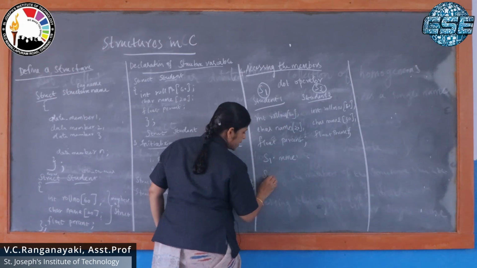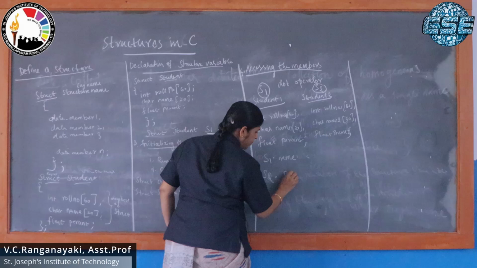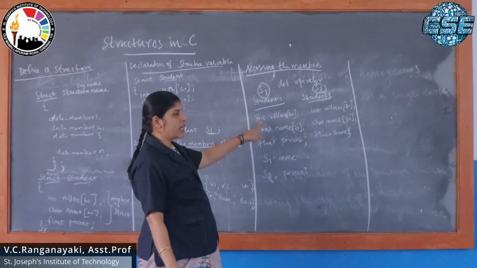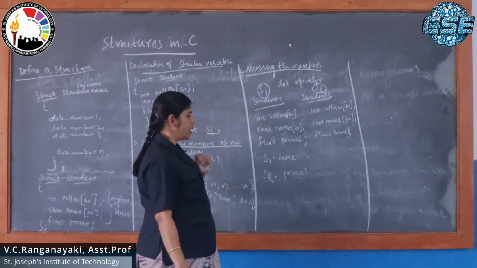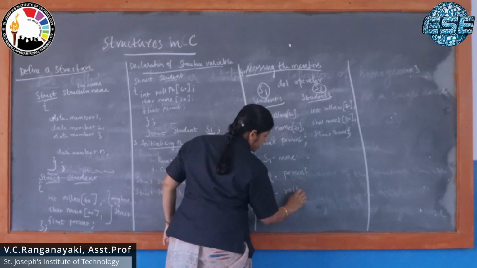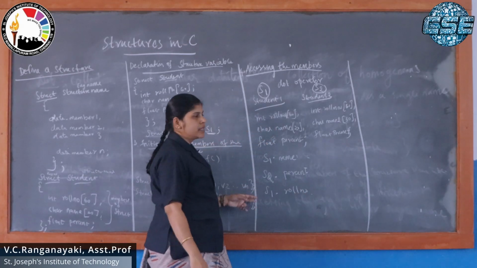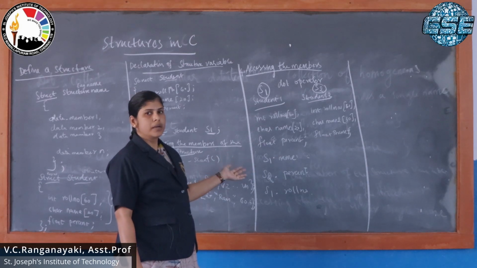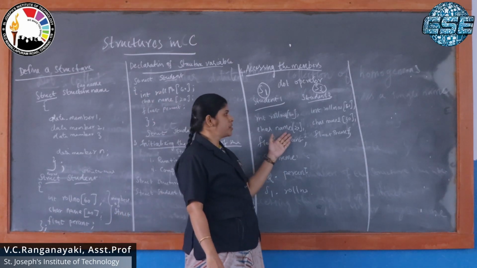So in that case I'll go for S2 dot percent. Now I want to know the roll number of student 1. In that case I'll go for S1 dot roll number. Like this I'll access the value from the members of a structure.